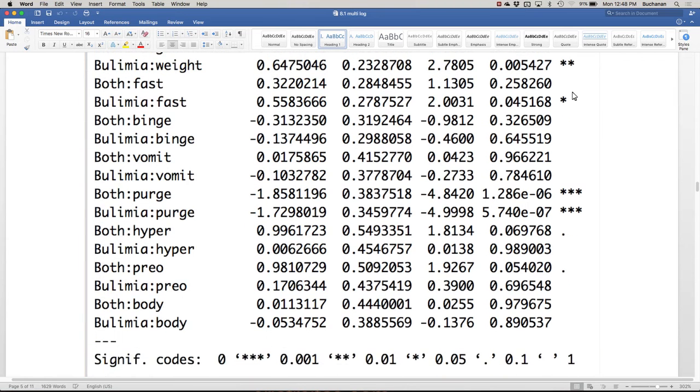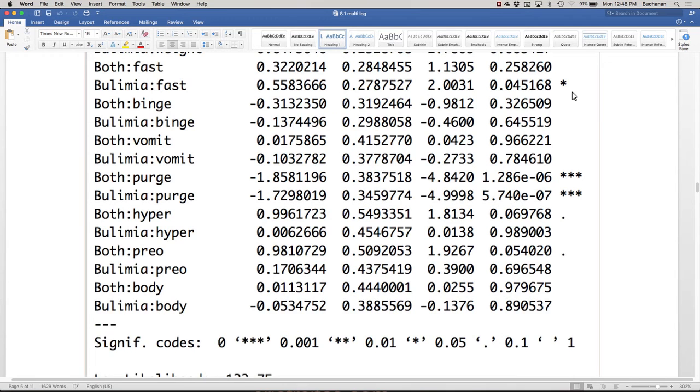We did weight. Fasting doesn't predict here. But it does predict in the bulimia category, but not in the direction you would expect. So if they perceive, it's like perceived need to fast, they're in the bulimic category.